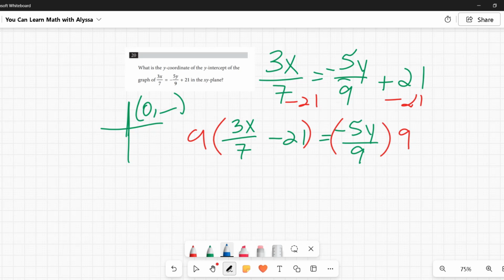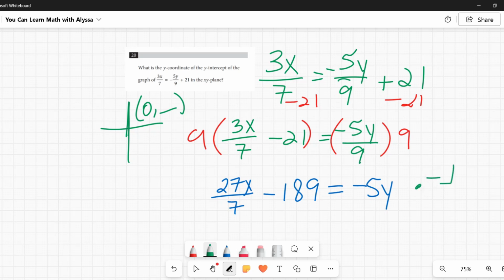So 9 times 3x over 7 is 27x over 7 minus 9 times 21 is 189. And it equals on the right negative 5y. Then I'm going to divide everything by negative 5. Another way of looking at this is multiplying by negative 1/5, which is the way you need to do that if you have a fraction.